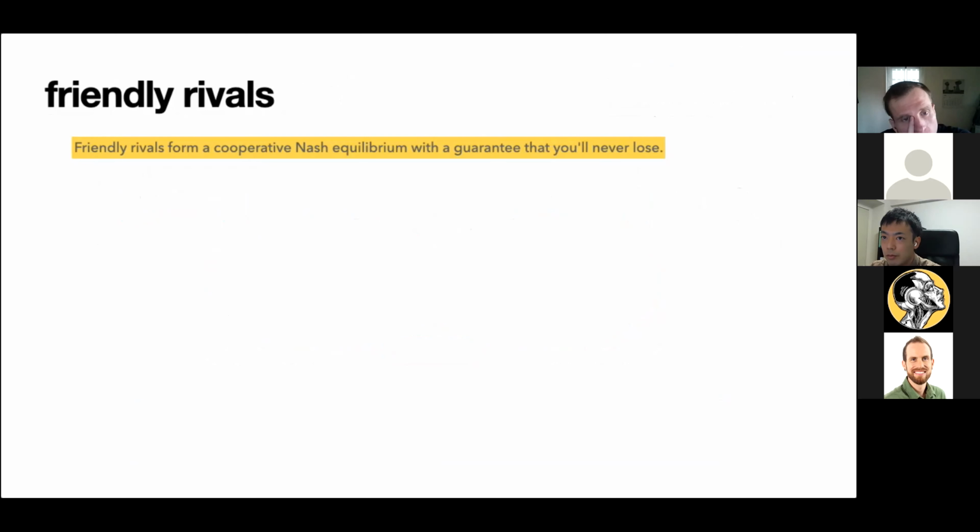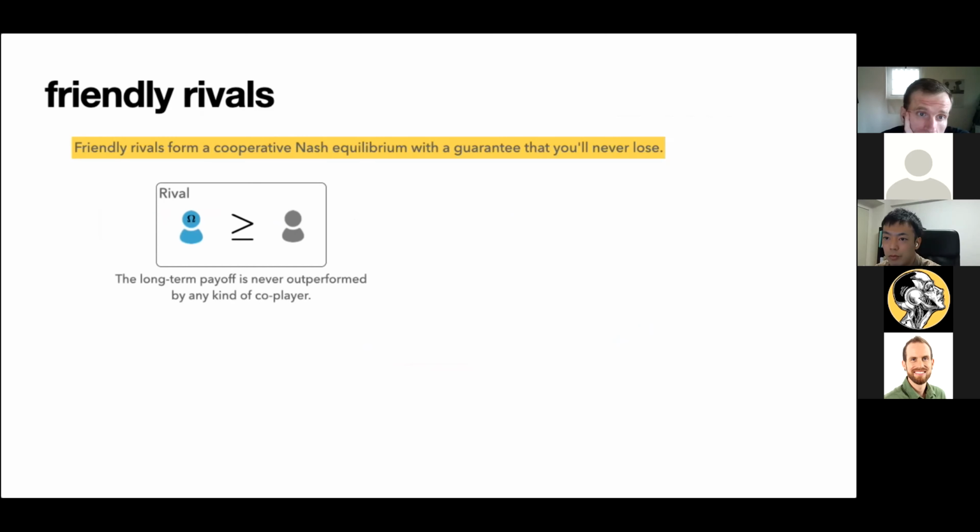More concretely speaking, rivals and partners are defined as follows. When a strategy is a rival, the long-term payoff never becomes smaller than the co-player's payoff. So this inequality must be true even when the co-players are very smart, having long memory, and even when your strategy is known to the public.